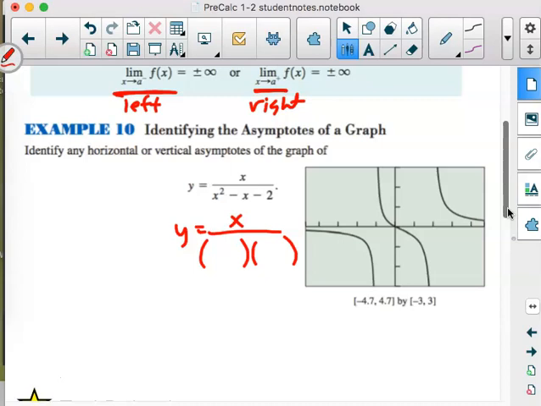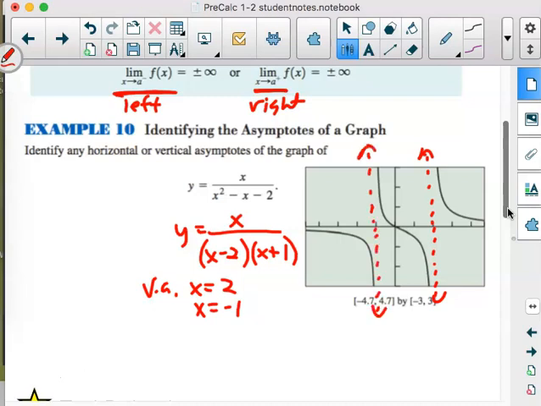Well, if we use x minus 2 and x plus 1, we've got it. Last times last will give us negative 2, inside times inside, negative 1. So that's going to give me vertical asymptotes, because they won't cancel, at x equals 2 and x equals negative 1. And we can see where that would fit with this graph.